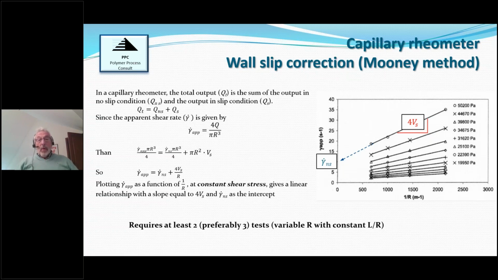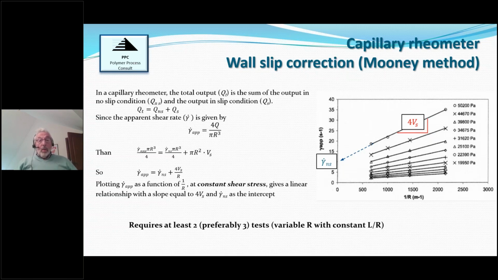Since the apparent shear rate is given by 4 times the output divided by pi times r cubed, we can use that in the previous equation, then rearrange to finally get: the apparent shear rate equals the no slip shear rate plus 4 times the slip velocity divided by r.